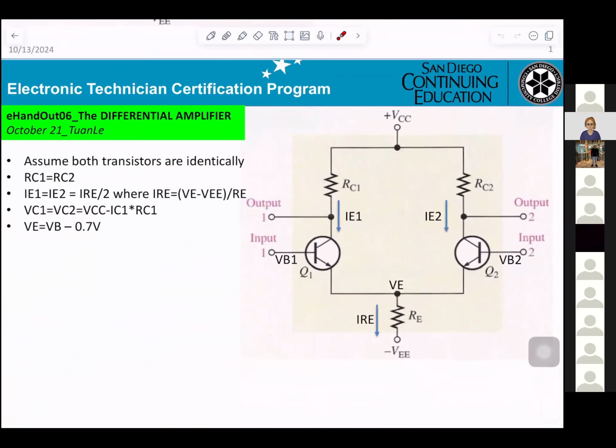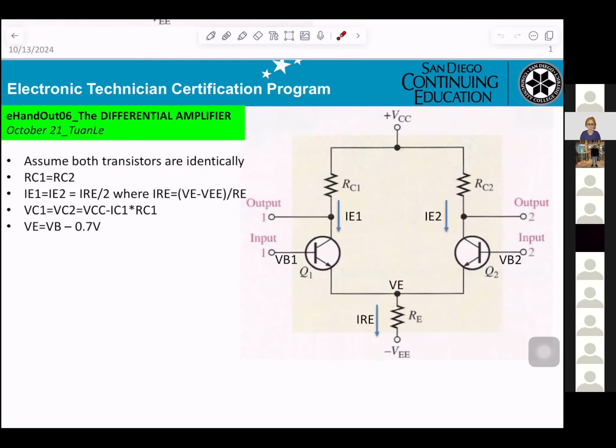Assume both Q1 and Q2 are identical, and R1, R2 identical. That means they have to be the same. Assume both transistors are identical, RC1 equals RC2. You can get IE1 for Q1, IE2 for Q2.